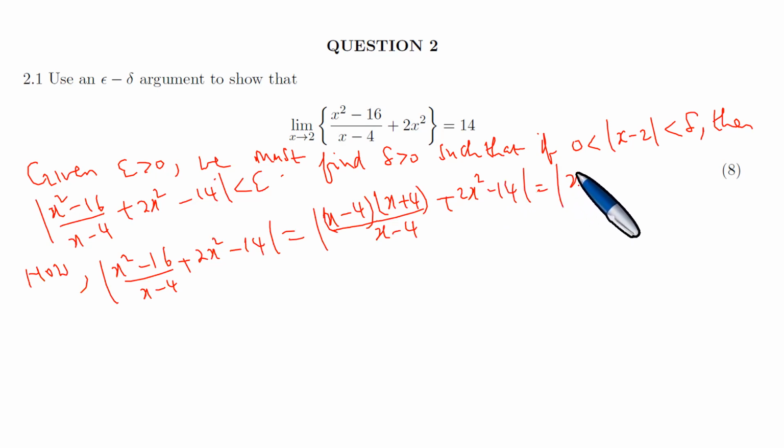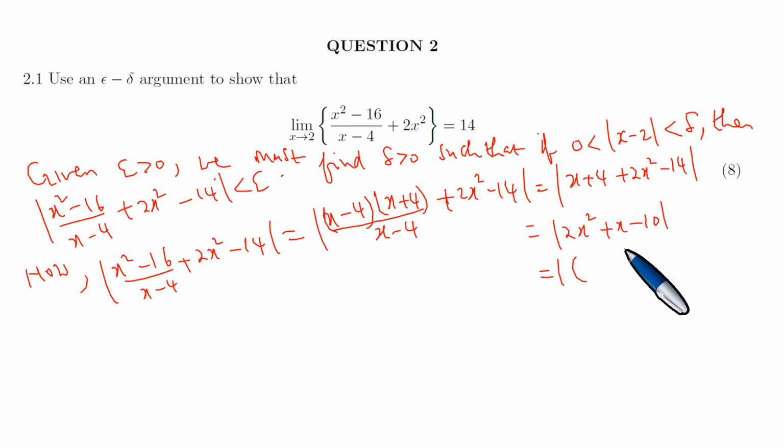Which means you have x plus 4 plus 2x squared. What is this? This is exactly 2x squared plus x minus 10.